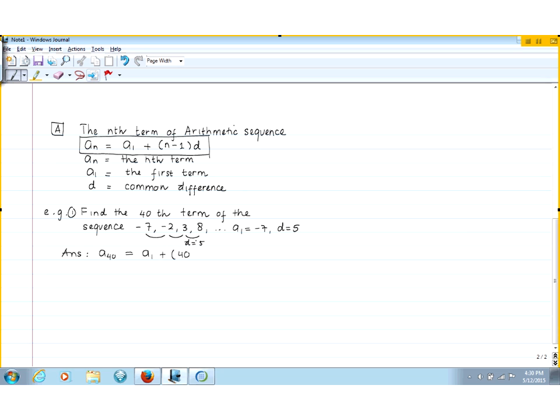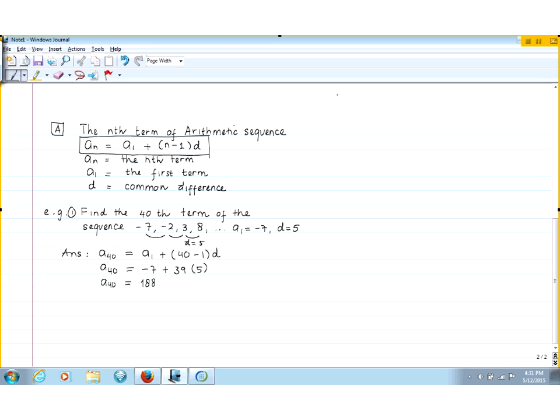So A40 is A1 plus 40 minus 1 times d. So A40 is -7 plus 39 times 5. Negative 7 plus 39 times 5 is equal to 188. So the 40th term is 188.